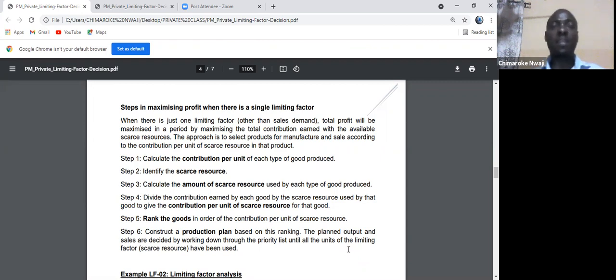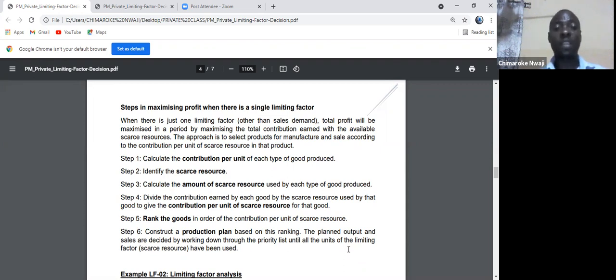So it means that maybe the product rank 3, your customer may be demanding 5,000 units, but the remaining resource after the one ranked first and second have been fully satisfied, maybe you now have something left over that can take just 2,000 instead of the 5,000 for the product rank 3. You simply do the 2,000.